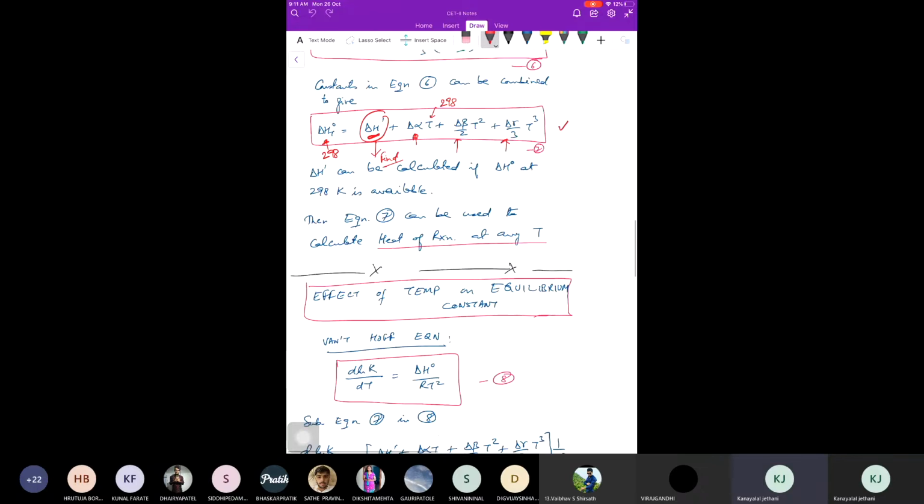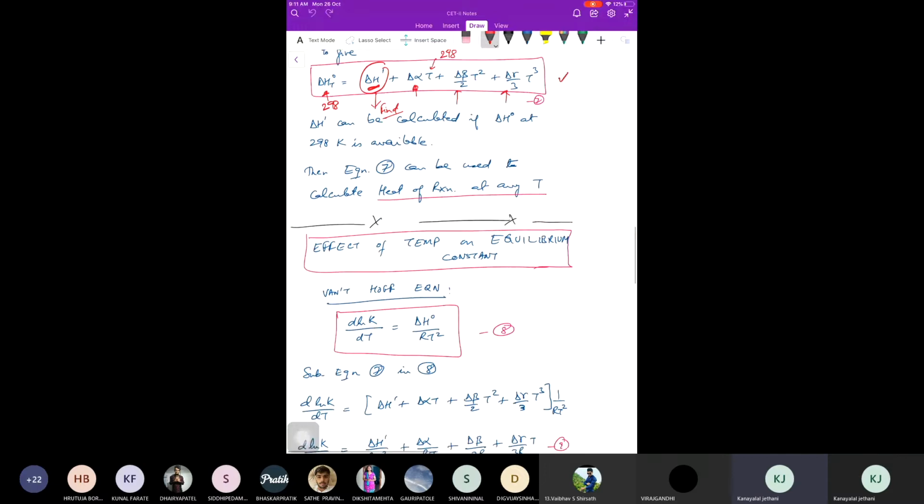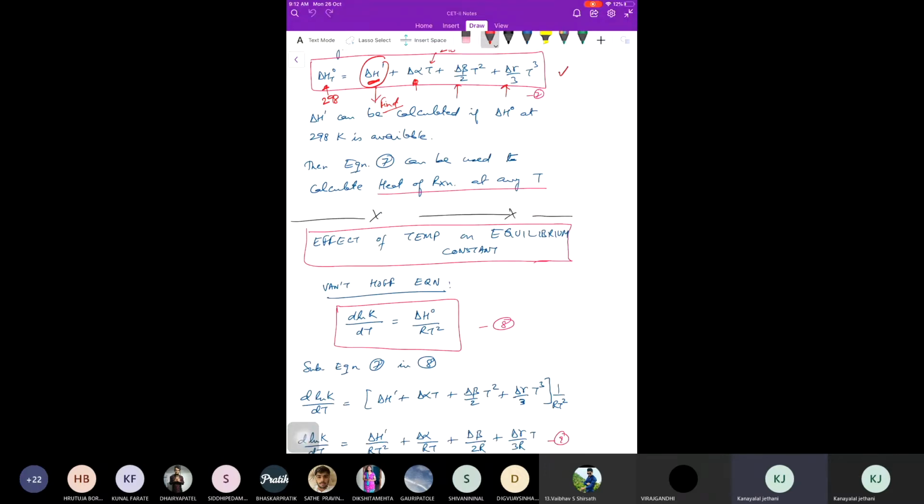Ultimately, our objective is to find the effect of temperature on delta G, right? So we are using this equation now, effect of temperature on equilibrium constant. We have derived the Van't Hoff equation, which is d ln K by dT equal to delta H0 by RT square.